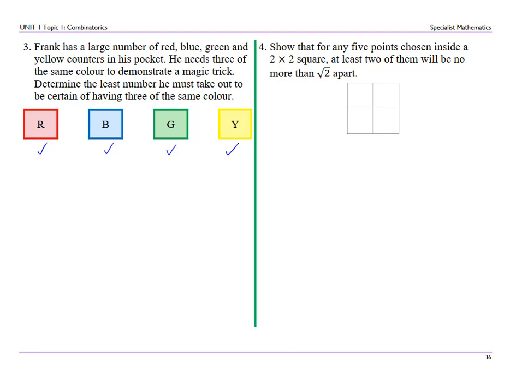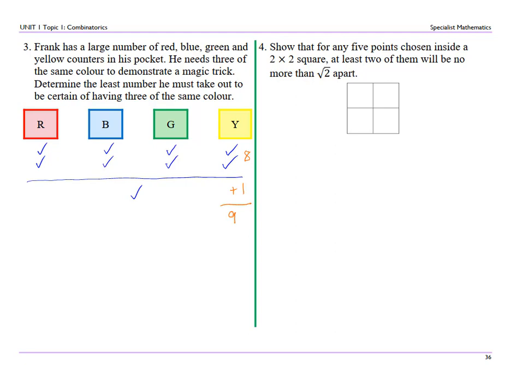He then starts selecting again, and again he might get all different colours. So he has now got 2 of each colour. If he now selects another one, that other one will be the third of 1 of the colours. So that means we have 8 here plus 1 is 9.